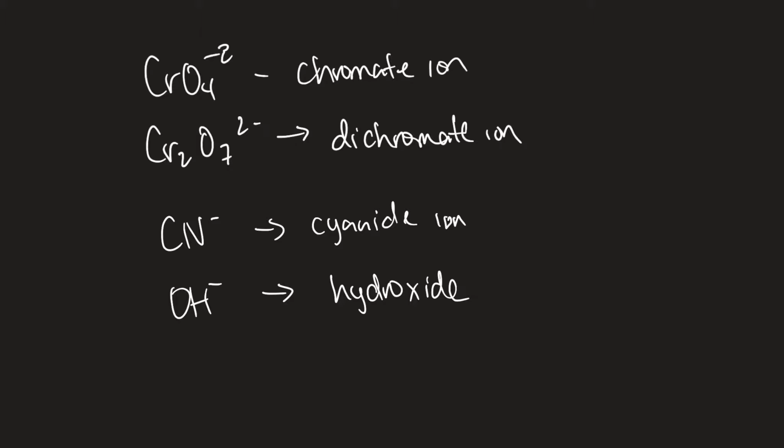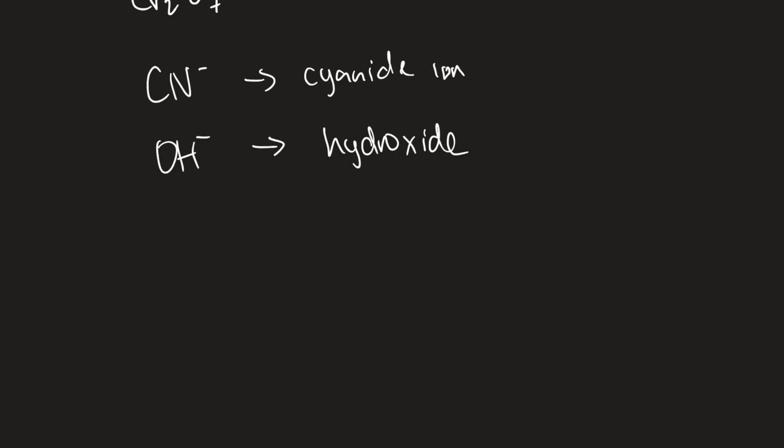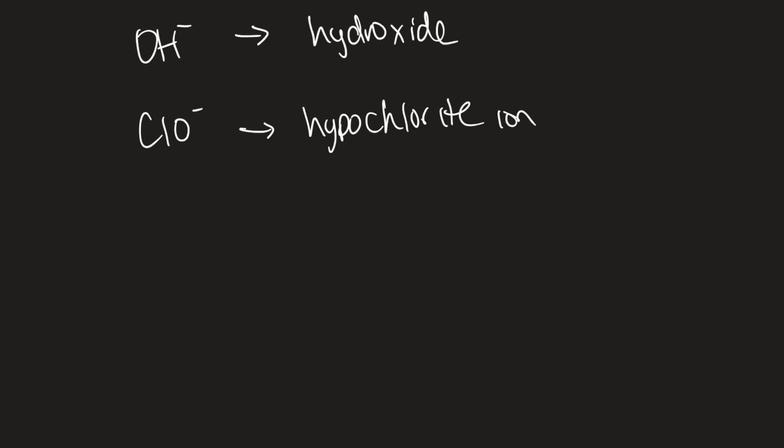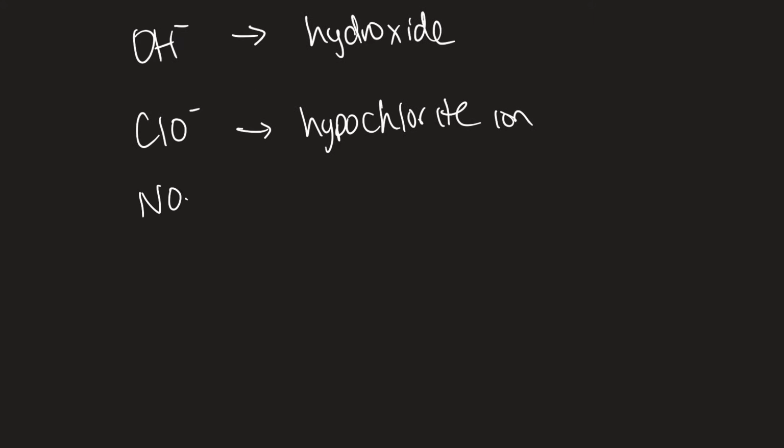Now the next one, we have ClO negative. This right here is what we call the hypochlorite ion. Then the next one we have NO3 negative, which is the nitrate ion.